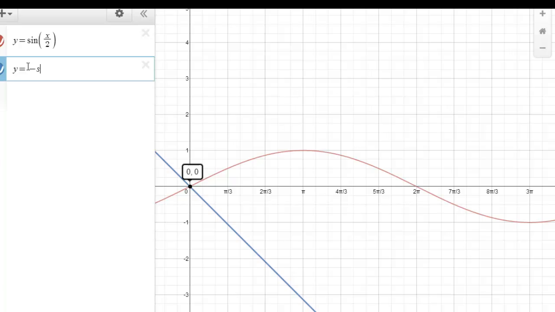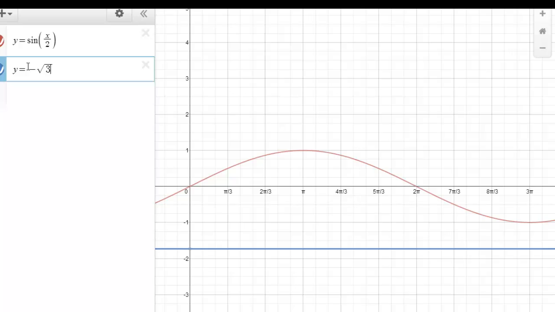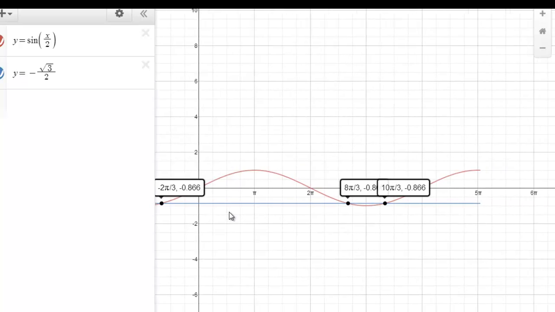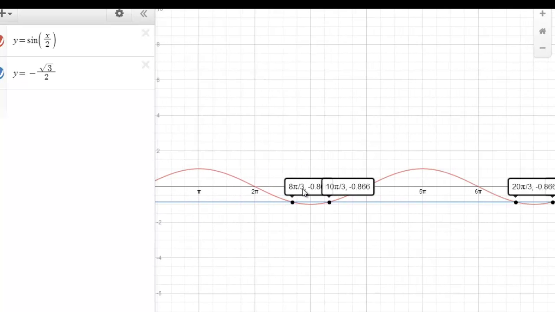If you just start typing SQRT, it turns into a square root of 3. Get out from under the root, use the slash for divide, and it'll drop you down, and so you can put that in there. And there's our first solution popping up already. 8 pi over 3 and 10 pi over 3.